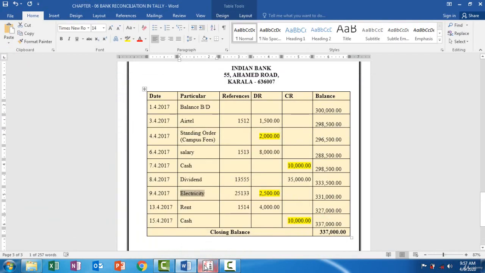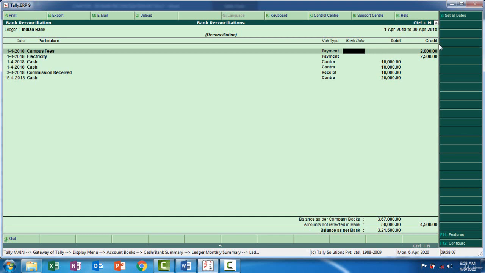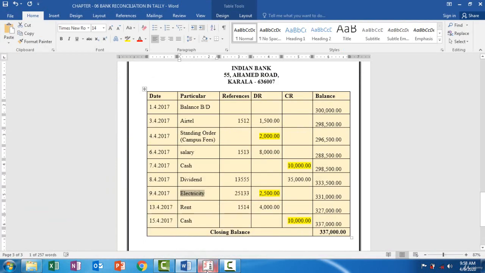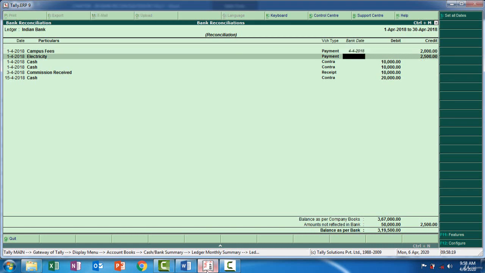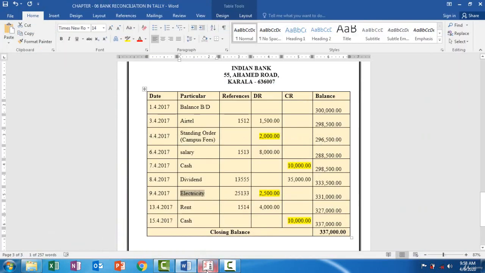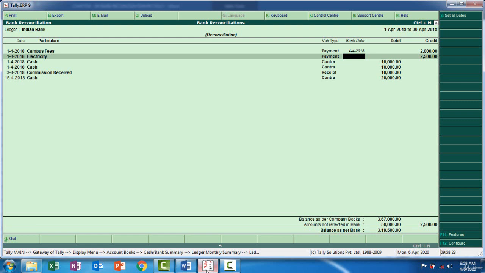The first one, standing order, debit side, we have to look at the credit side. In the credit side we have to look for 2000, 2500. Okay, first 2000 is 4 April. The 2500 is 9 April.